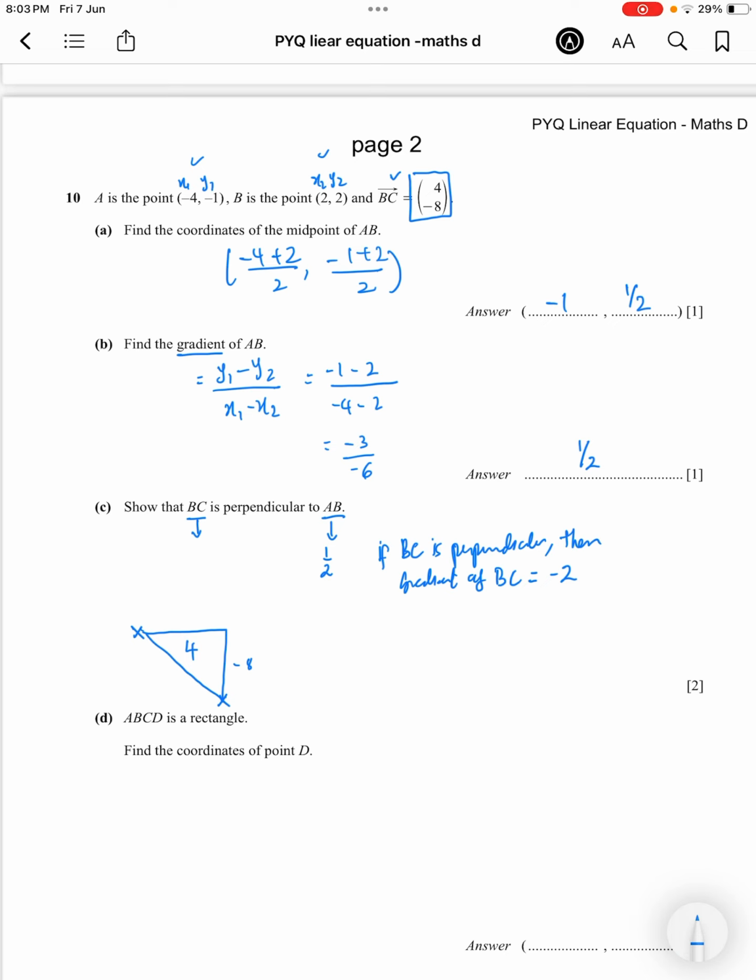If we use the gradient, that will be rise over run. Since we're going to the left, that will be minus 8 over 4, which is equal to minus 2. Therefore, BC is perpendicular. That's it.